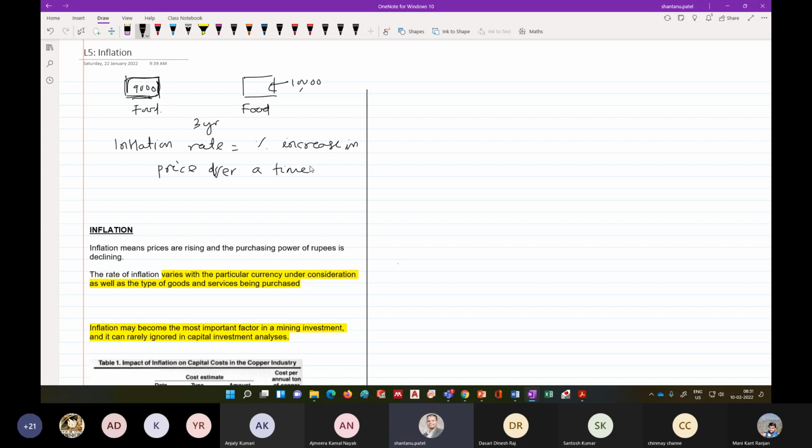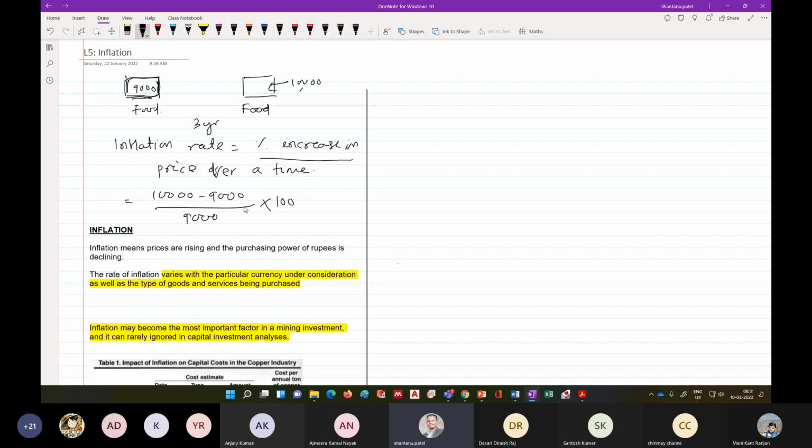For your case, how much has increased? 10,000 minus 9,000, divided by 9,000 which was before, times 100, because we have percentage increase over a period of time.